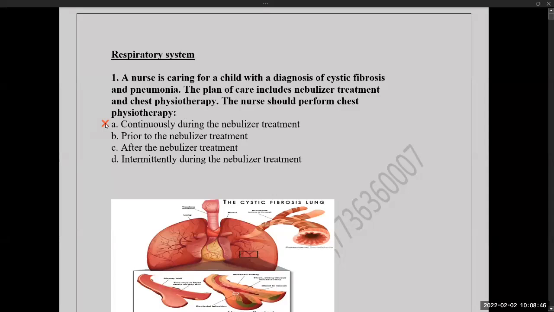Continuously during nebulizer treatment can be removed, and intermittently during nebulizer treatment. These are the two wrong answers. Either before nebulizer treatment or after nebulizer treatment. So usually chest physiotherapy should be performed after nebulizer treatment. So the correct answer for this is C.